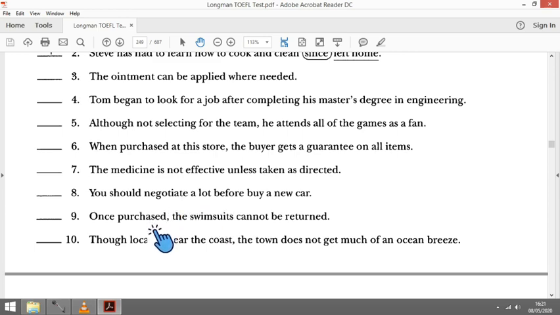Number 10. Stock located near, okay subject. This is the verb, and this one is an adverb connector, and this one is a reduced one. The town, it is located near the coast. If it is located, what is the meaning? It means the town is near the coast. So located.